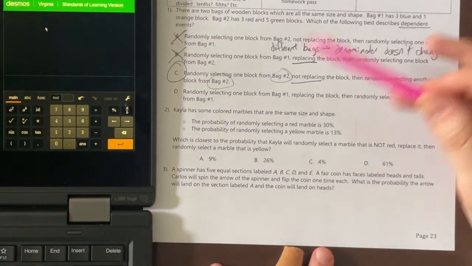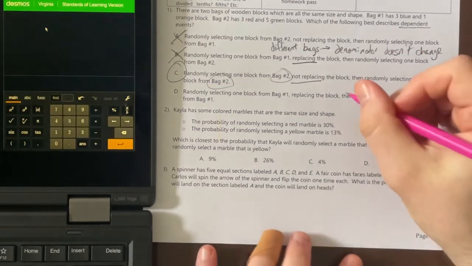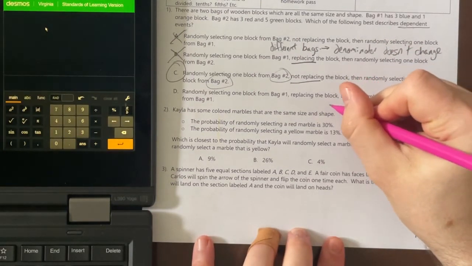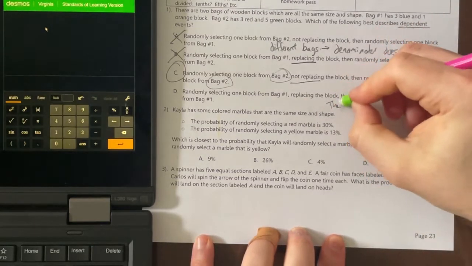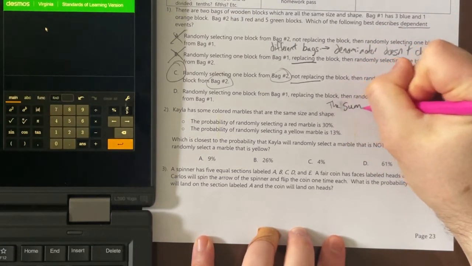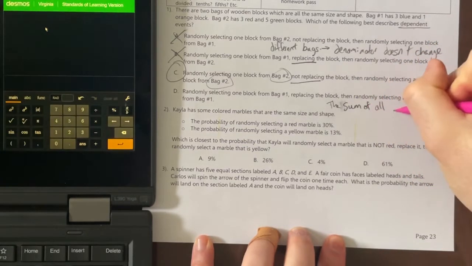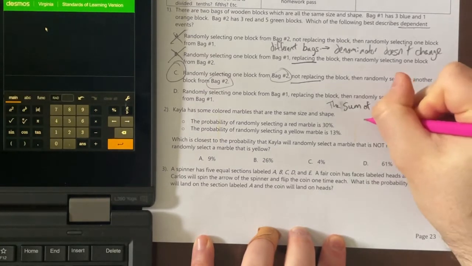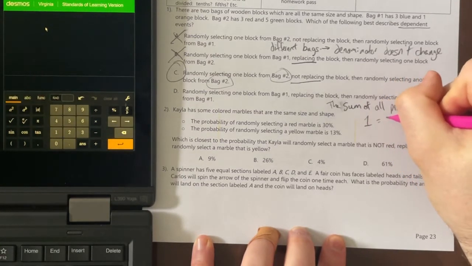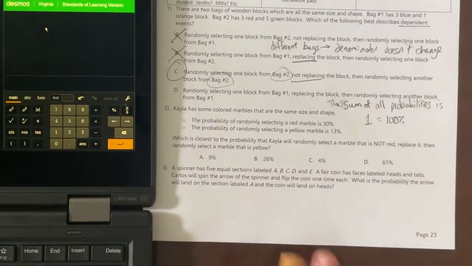Okay, so let's kind of break it down. We know that anytime we have probabilities, there's a sum. So let's say the sum of all probabilities is 1, which is the same as 100%. Knowing that, we can have a couple facts for ourselves.